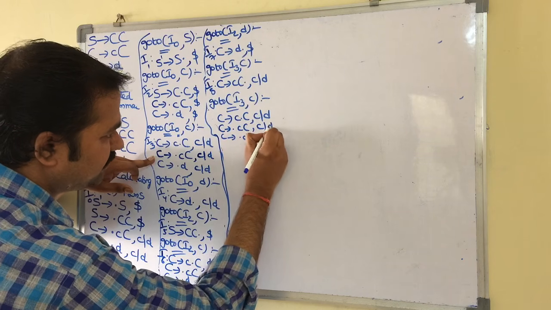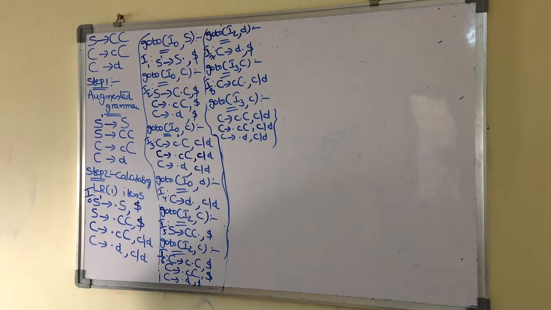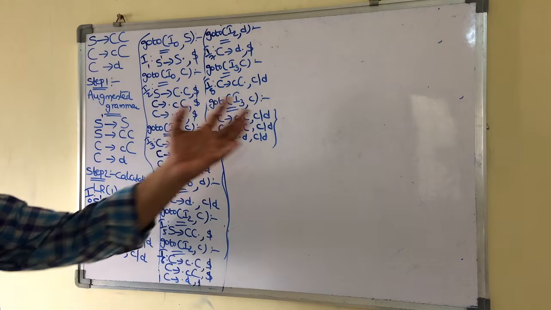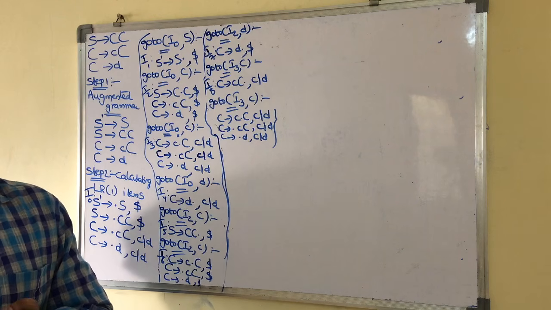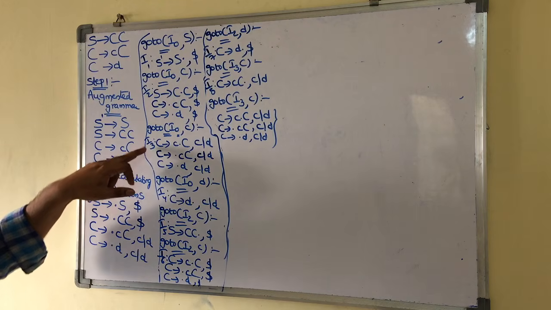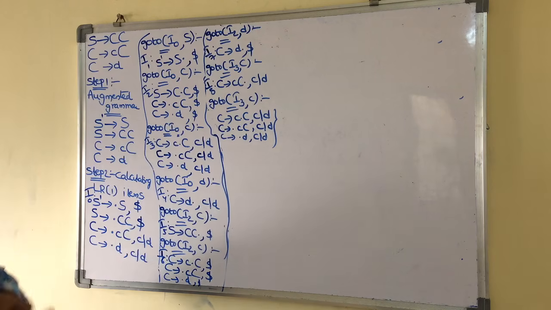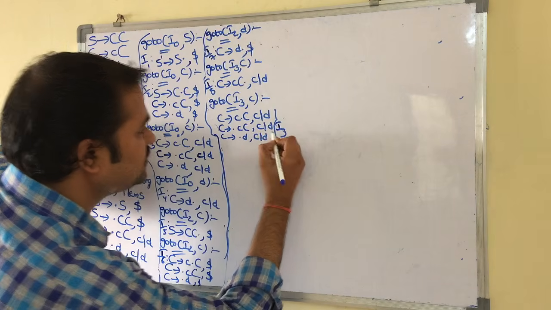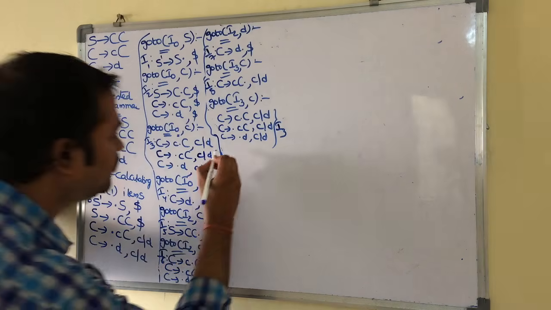That is nothing but C or D. So this one is nothing but I3 only. Okay. Because here productions are same as well as lookahead symbols are same. So if productions are same as well as lookahead symbols are same, then only we have to give that state name. Here we have three productions. Productions are same as well as lookahead symbols are same. So what is the production number here? I3 is nothing but the state name. So goto of I3 comma small c is over.